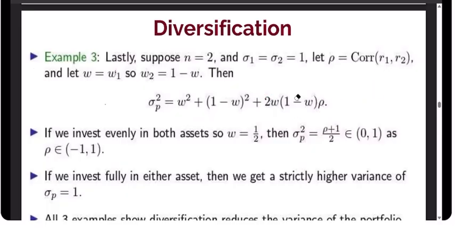Now if I take my W to be half, the meaning of half is that I want to spend 50% on this asset. I'm also going to spend 50% on the other one. When W equals half, if you plug in half where you see W here, please pay attention. I'm seeing a lot of final exam here.